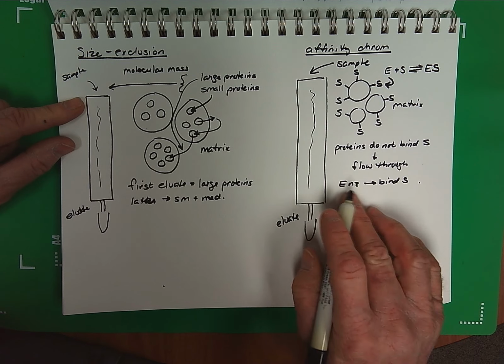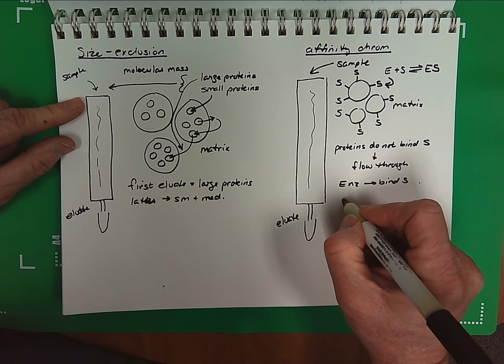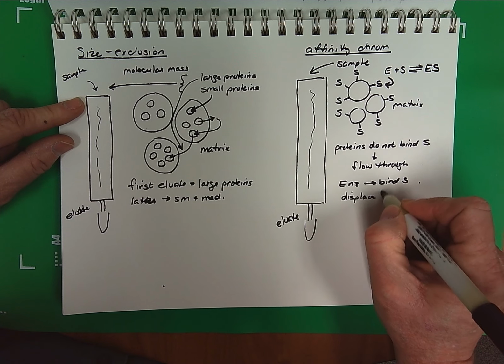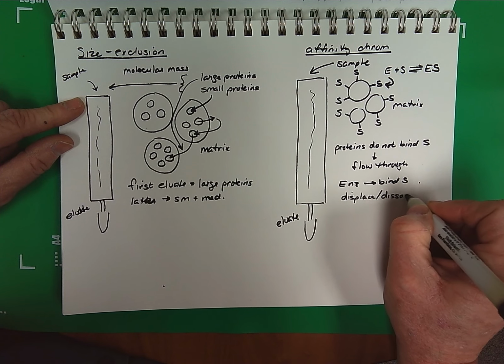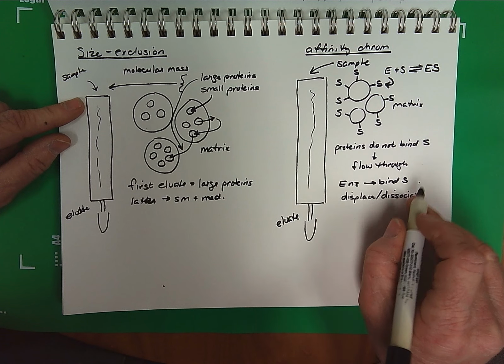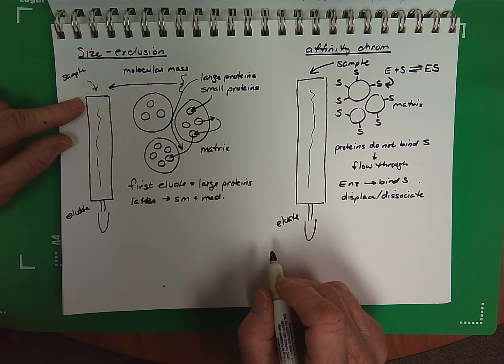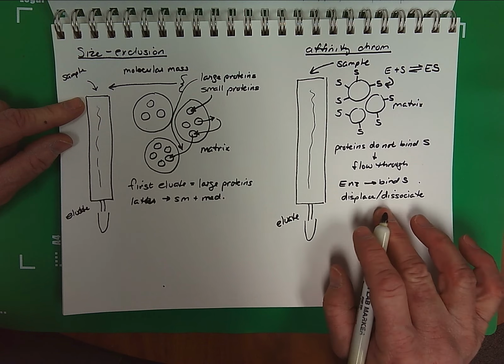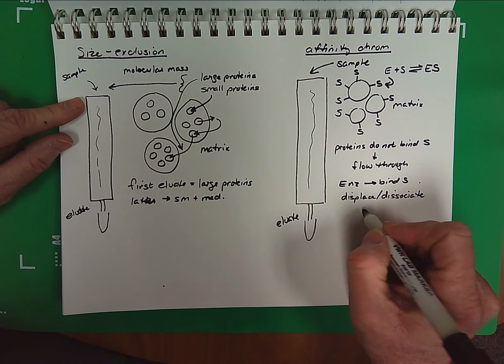And simply to isolate the enzyme, all we have to do is displace or dissociate the enzyme from its substrate bound to the matrix. This, of course, can be done by disrupting the bonding energy between the enzyme and substrate.